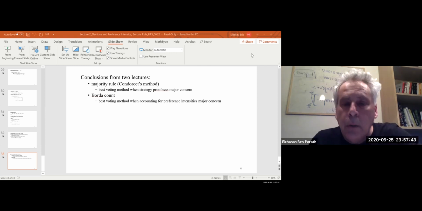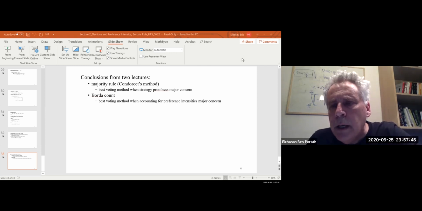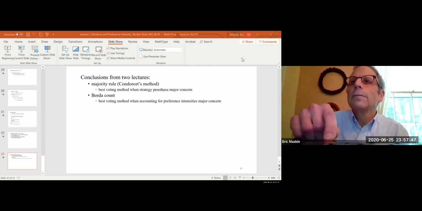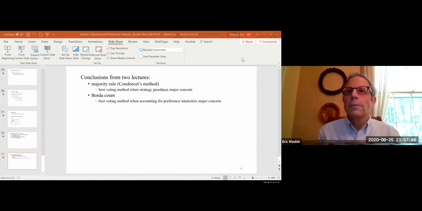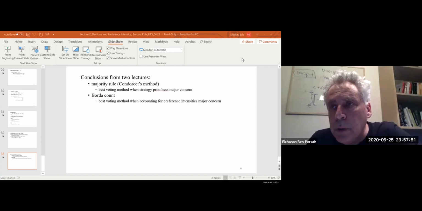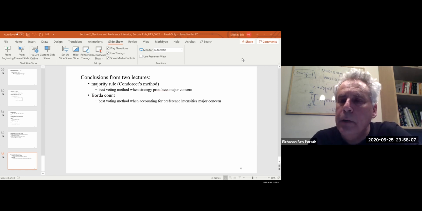Okay, so in the middle of the talk, there was a question about what happens when you drop anonymity. You said that one class of rules that would satisfy your axioms would be weighted Borda rule, and the question is, is that the only class?